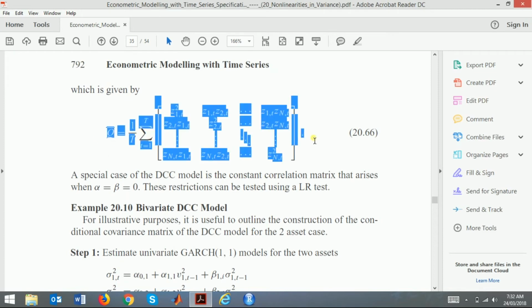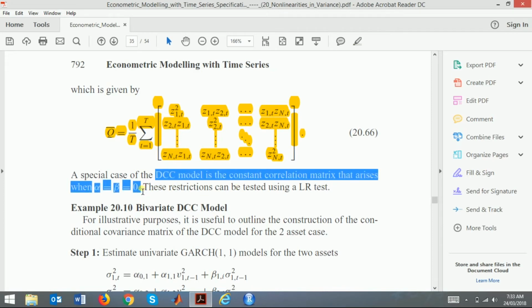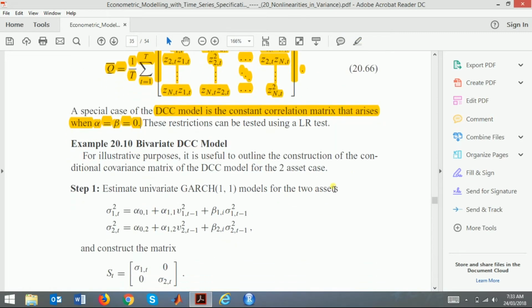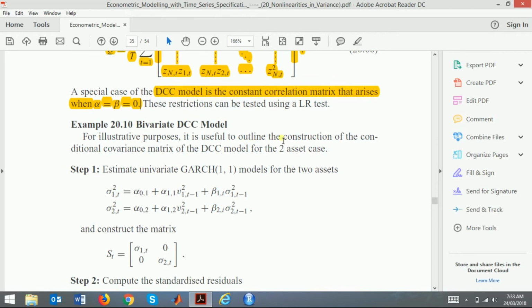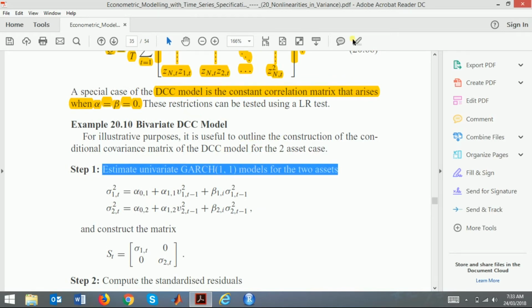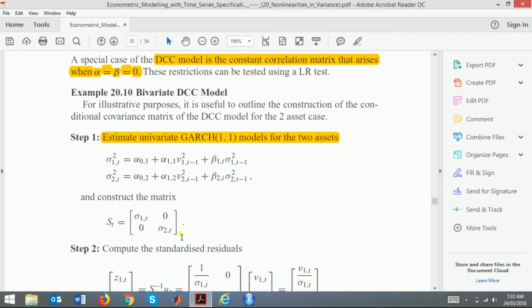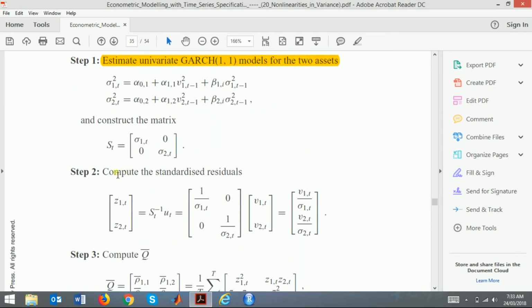Which is given by this. This is an important equation. A special case of the DCC model is the constant correlation matrix, when alpha and beta are 0. So, a bivariate DCC model example. Estimate a GARCH(1,1) model for two assets. This is just GARCH, and construct the matrix. Fine.